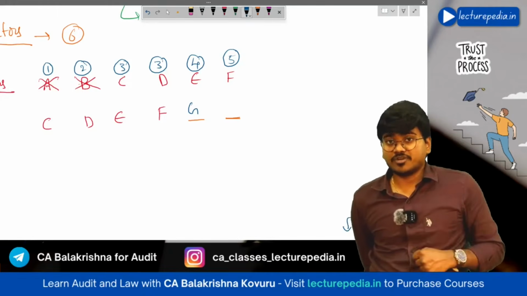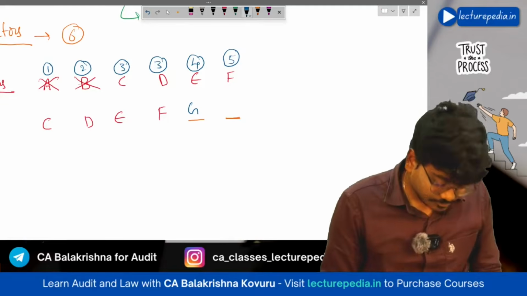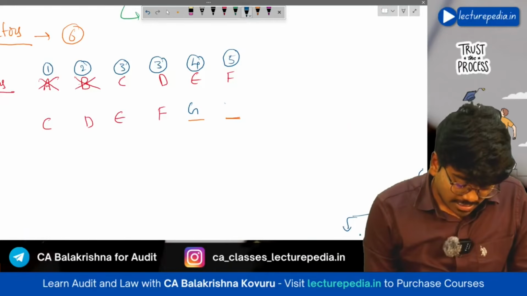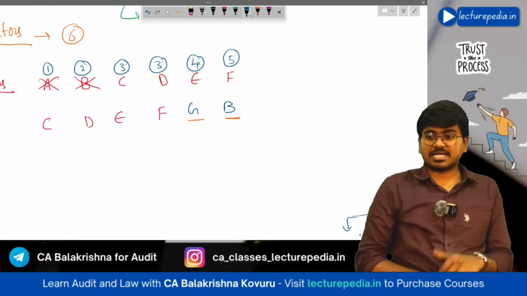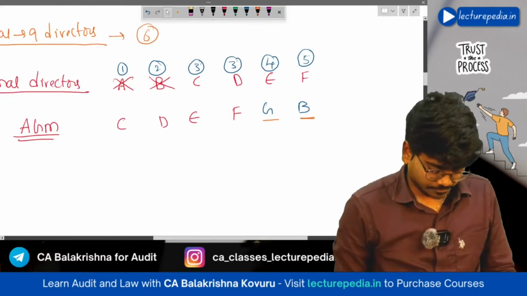So in this situation shareholders can reappoint Mr. B again. So they have reappointed the retiring director himself as director again.